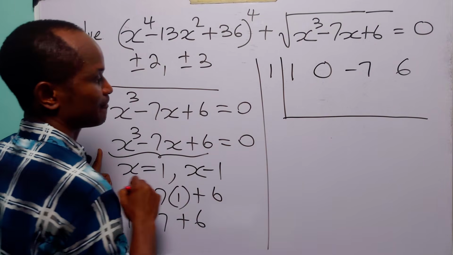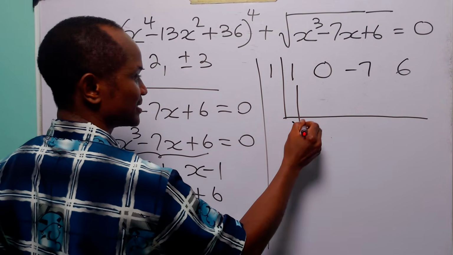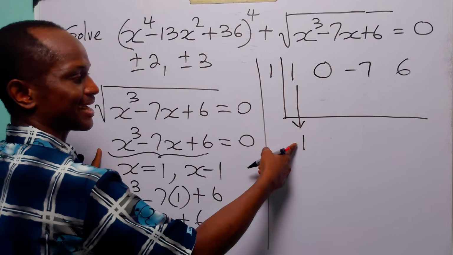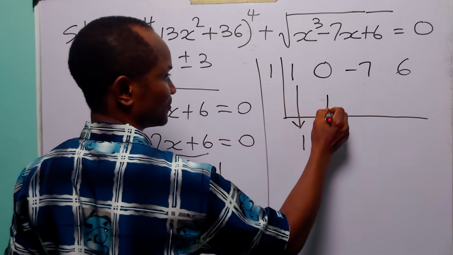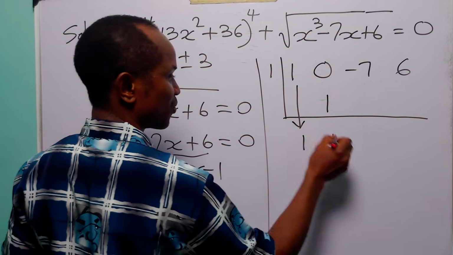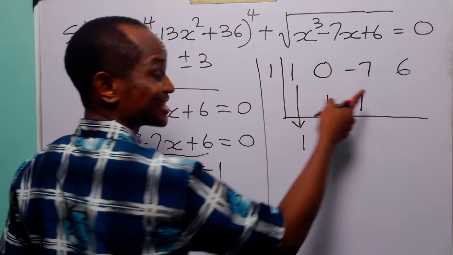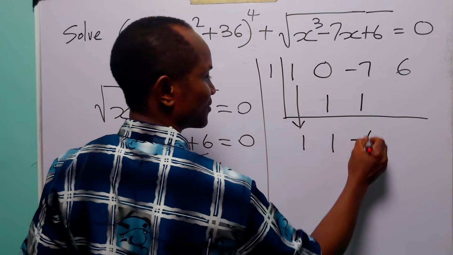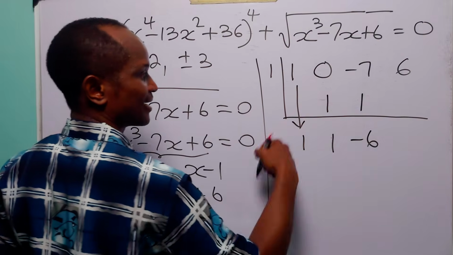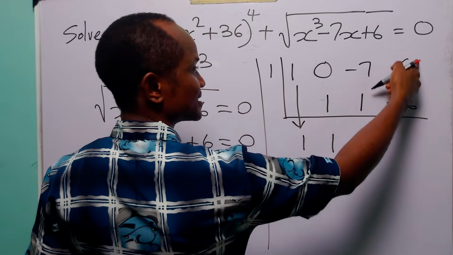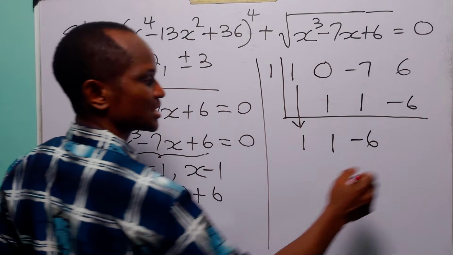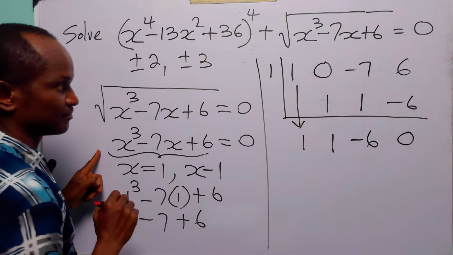So here we have 1. Now this 1, you bring it down. 1 times 1 is 1. 0 plus 1 is 1. 1 times 1 is 1. Minus 7 plus 1 is minus 6. 1 times minus 6 is minus 6. 6 minus 6 is equal to 0.